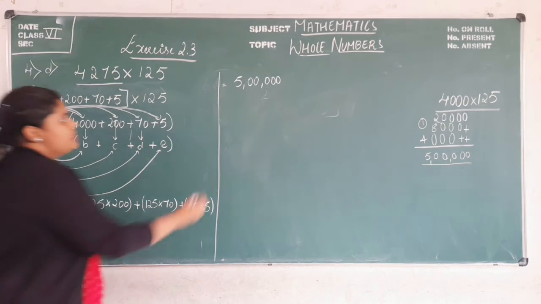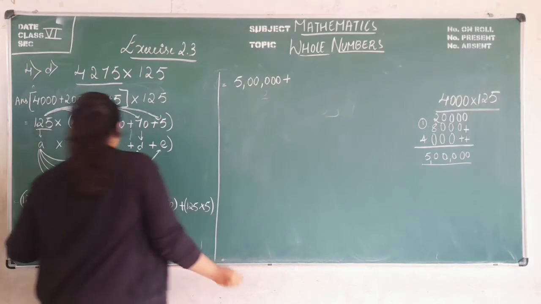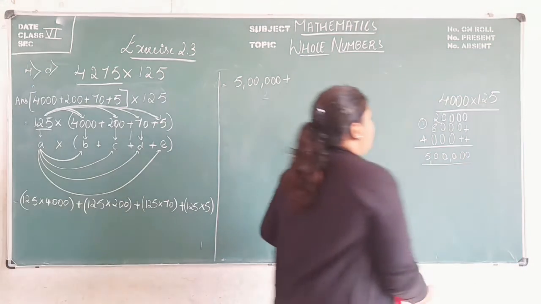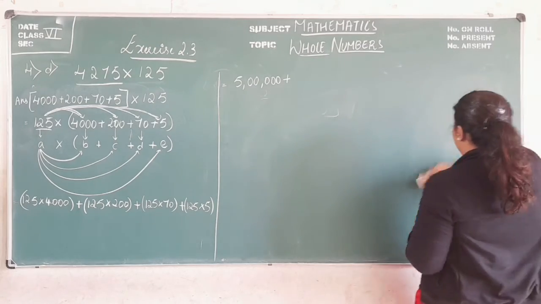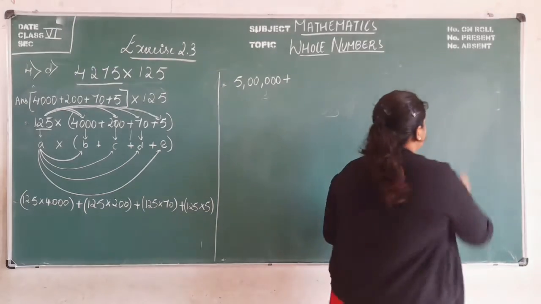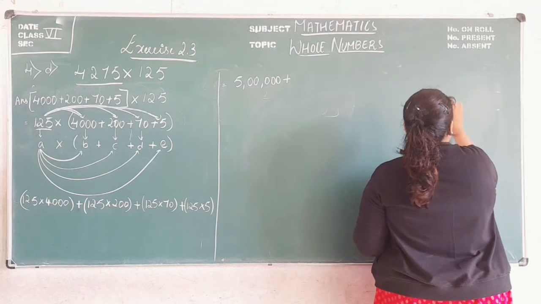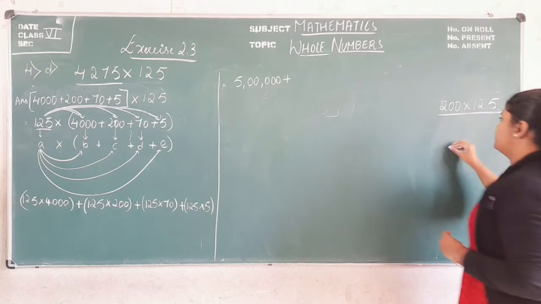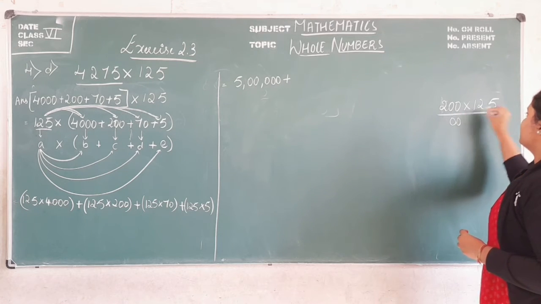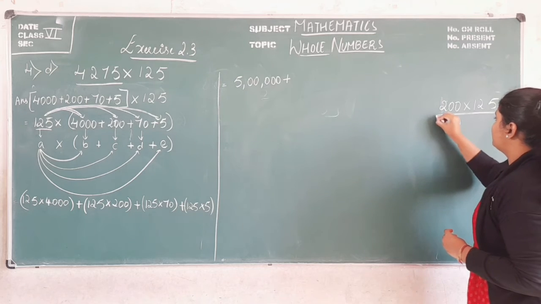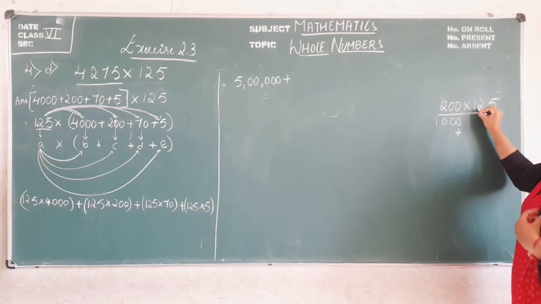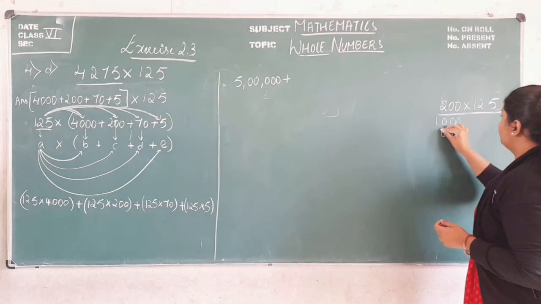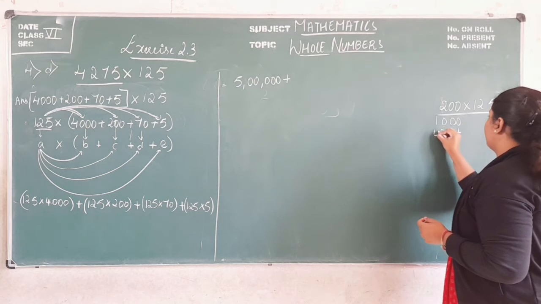Next, plus sign is there, so I will be writing plus in between. Then we have 125 into 200. So now we shall multiply 125 into 200. 5 zeros are 0, then 5 twos are 10, so 0, 1. Again plus here. Next 2 zeros are 0, again 2 zeros are 0, then 2 twos are 4.